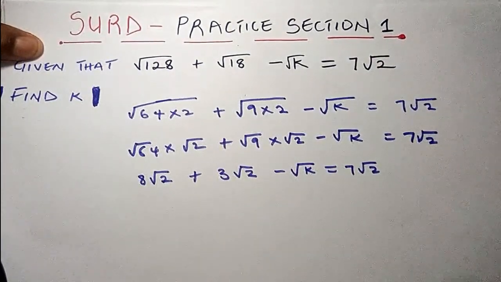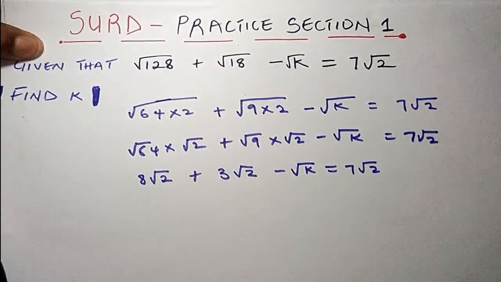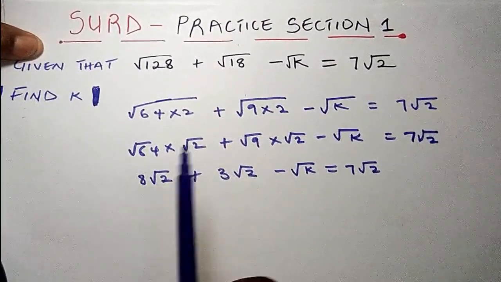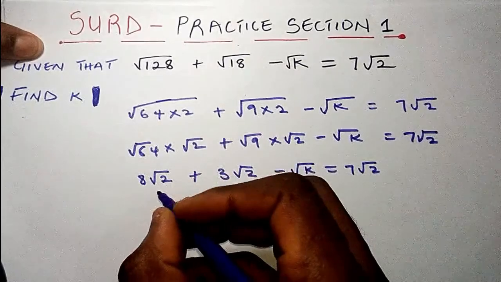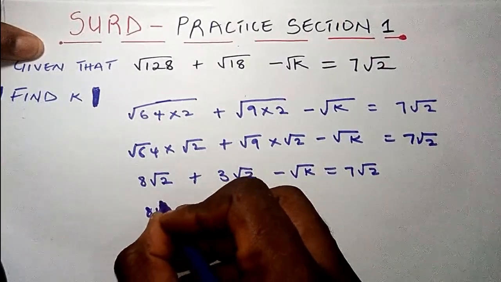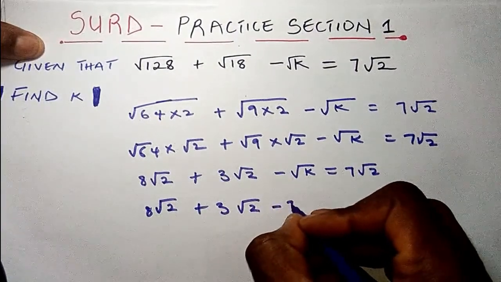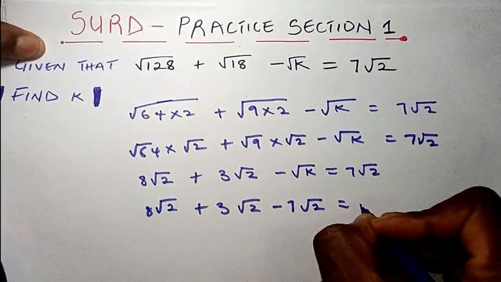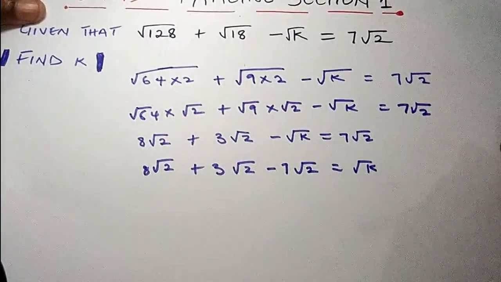Okay, so I've gotten to this point, and the next thing is for us to find like terms. If you notice, these have the same SOD form, which is root 2. So we're going to bring them together. So we're going to have 8 root 2 plus 3 root 2 minus 7 root 2 equal to root k. Okay?